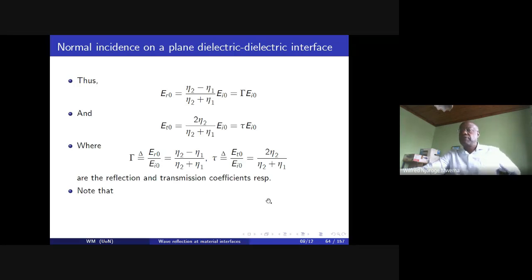Now, we note the following. Gamma can be either positive or negative, but tau, the transmission coefficient, will always be greater than 0. If we add unity to gamma, the reflection coefficient, it will always be equal to the transmission coefficient.